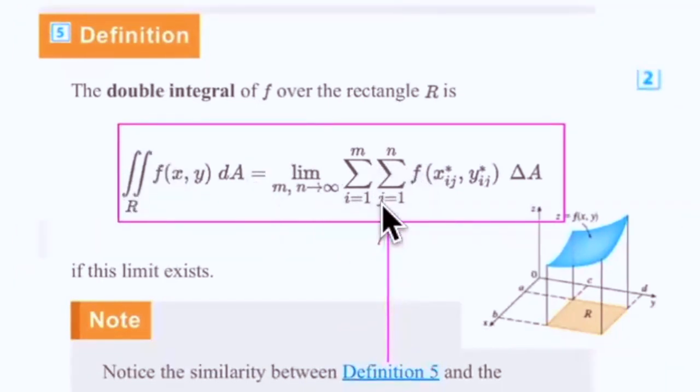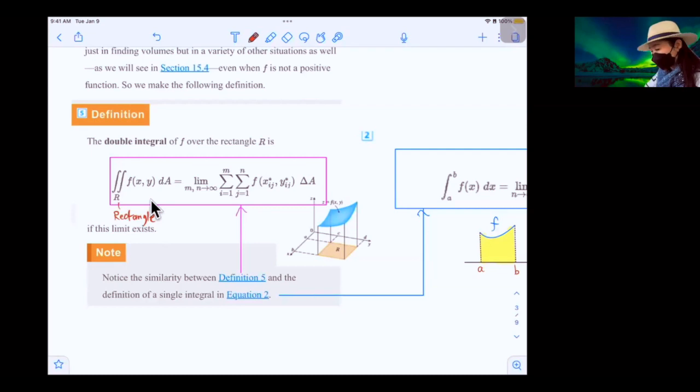And how do you represent this double integral? You replace the point with x and y, and delta A with dA, and you integrate over the region R, where R stands for rectangle. That's the rectangle down over here.